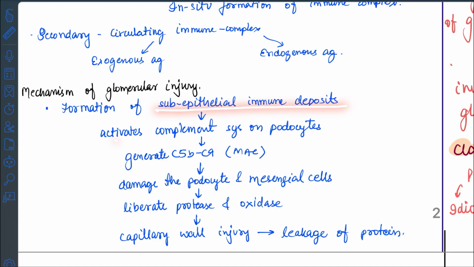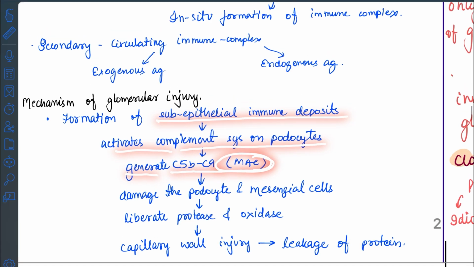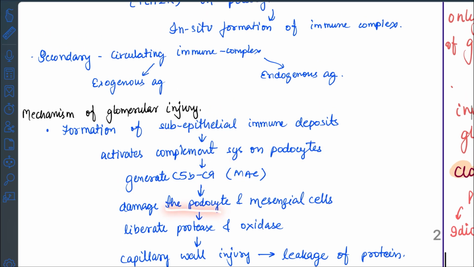So there is formation of subepithelial immune deposit which activates the complement system on the podocyte. It generates C5b-C9, which is the membrane attack complex, damaging the podocyte and mesangial cell, which liberate the protease and oxidase, further causing capillary wall injury and leakage of protein, which will lead to proteinuria.